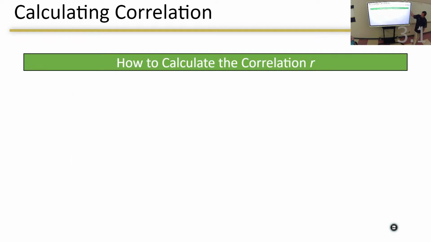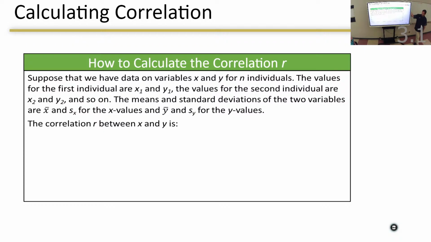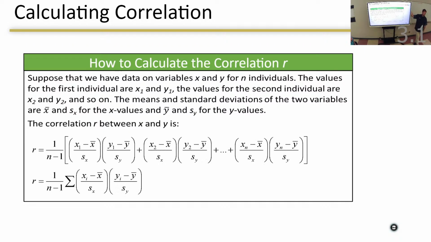All right. Here's your formula for how to calculate R. How many times are you going to have to do this? Never. Okay? Here's what I want you to recognize, though. We got a 1 over n minus 1, which means we're kind of doing an average type thing.